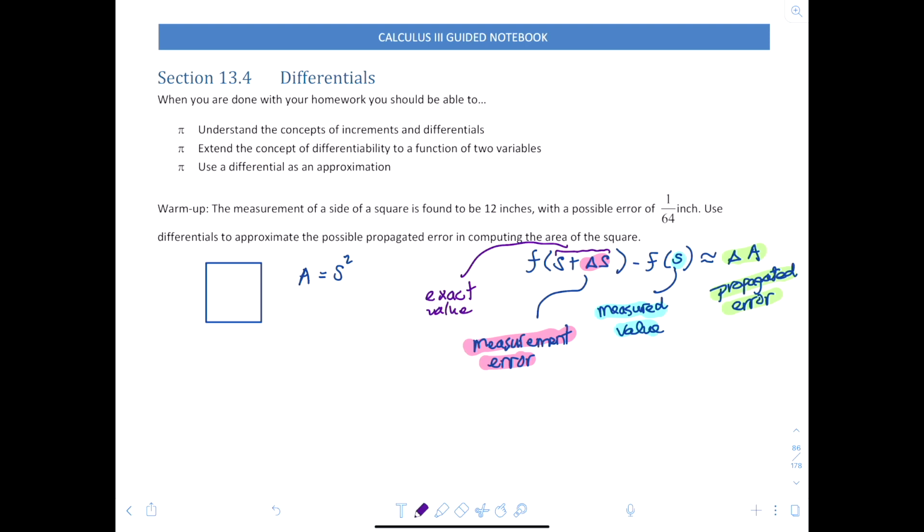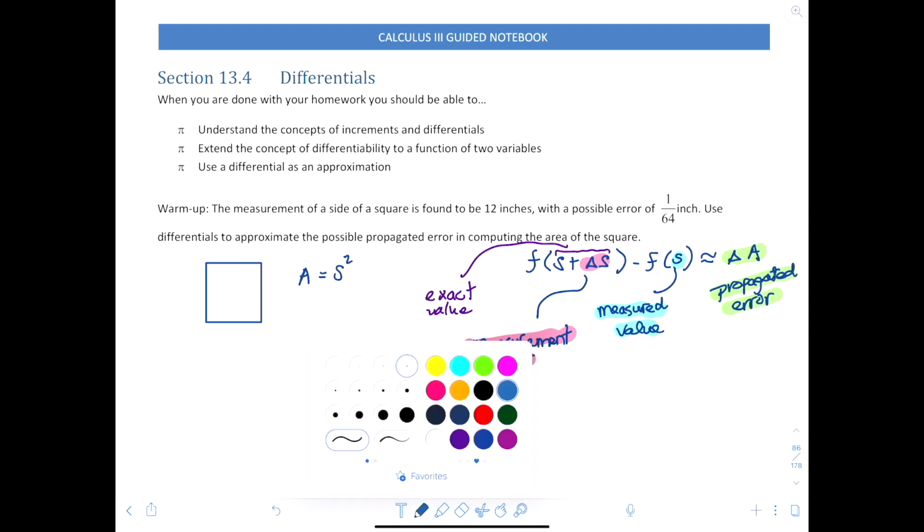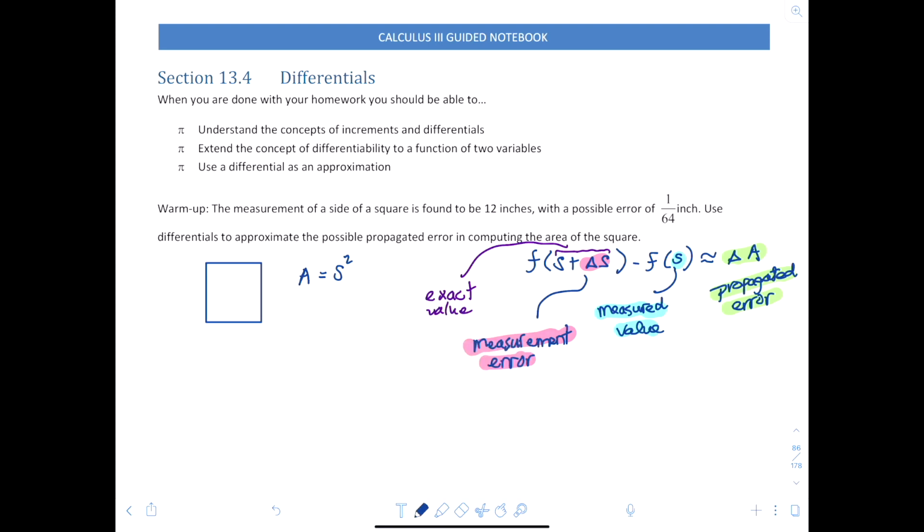Now, and this is all things that you would have developed in your Calc 1 class, it turns out that this delta A can be approximated by dA, and dA is going to be, and that's again approximate, f prime at our s ds.